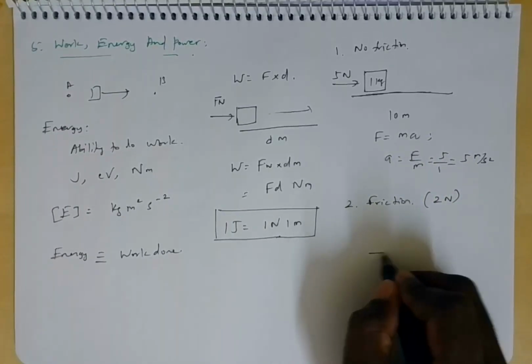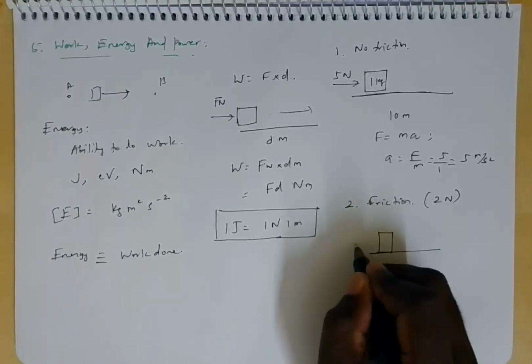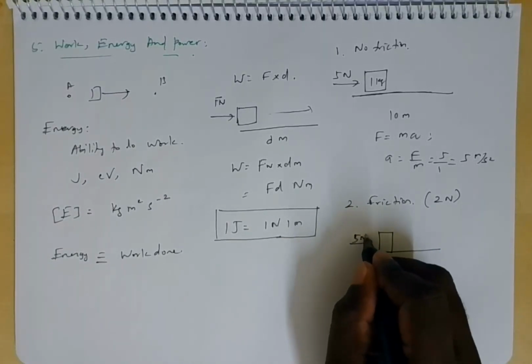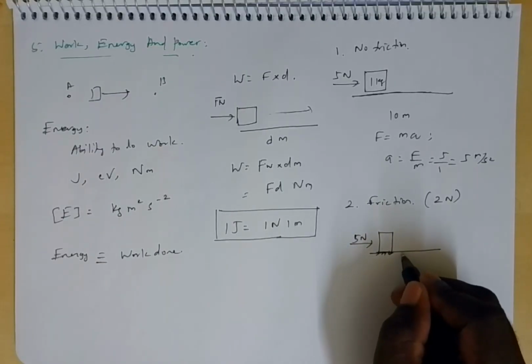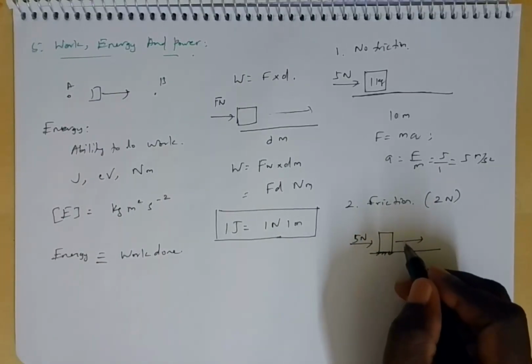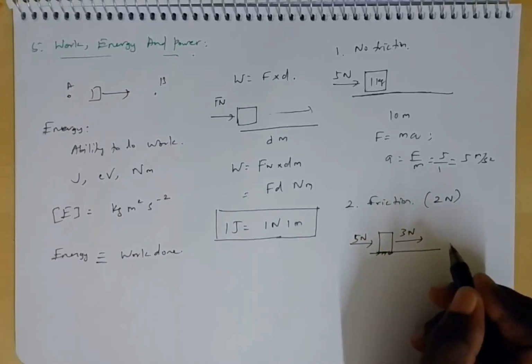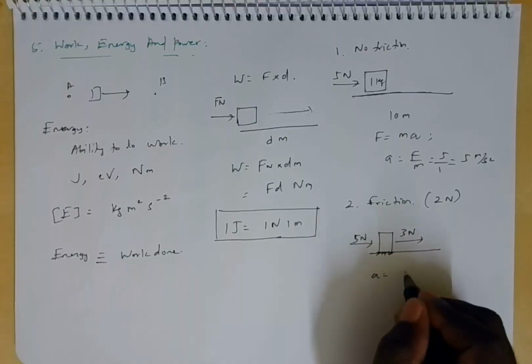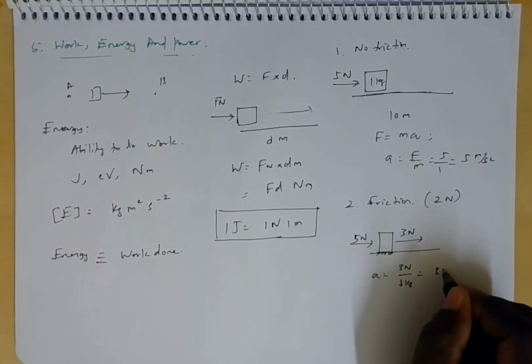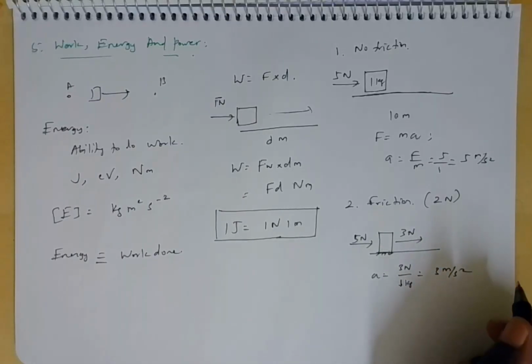Now if you give 5 Newton force, friction will consume 2 Newton, so your resultant force will be only 3 Newton. So the object will accelerate with 3 Newton divided by 1 kg, so 3 meter per second square.